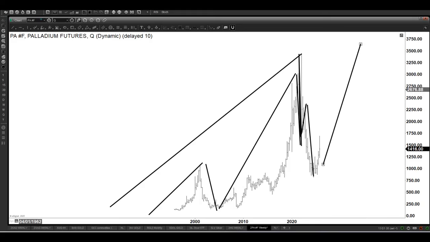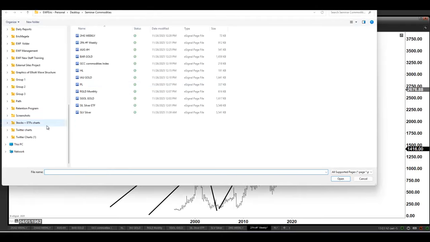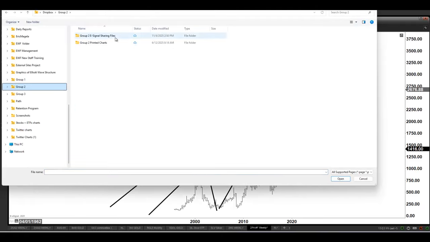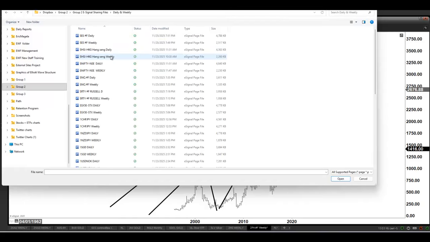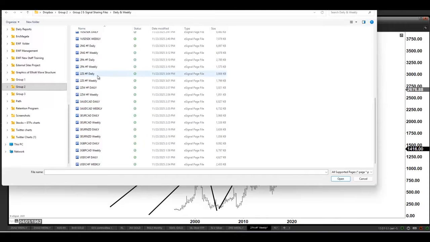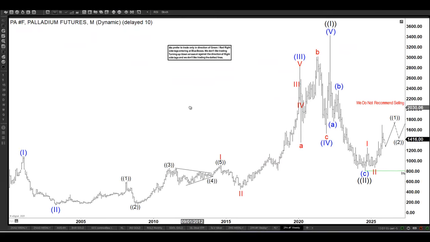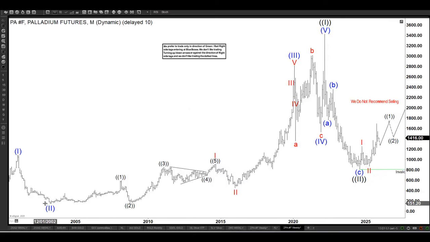This is the chart with labels here. Like I say, 1, 2, 1, 2, and next 3, 4, 3, 4, and 5.